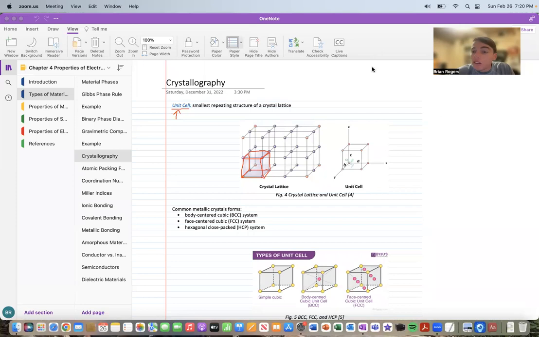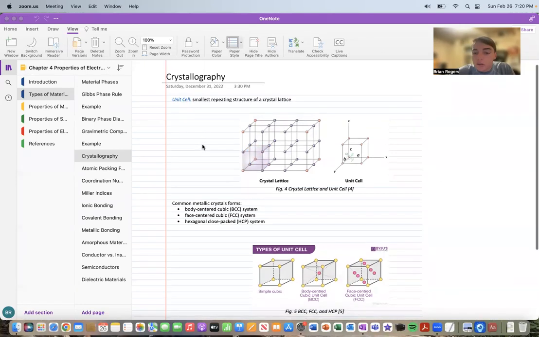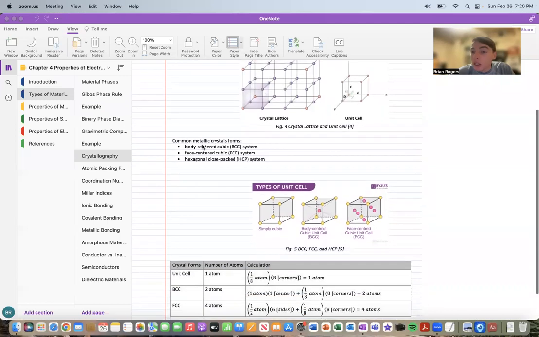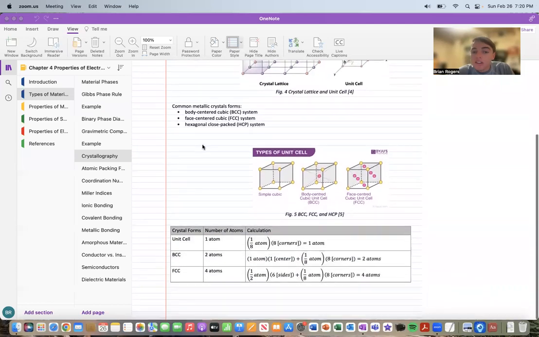And so there's three common types of forms for these crystal lattices. And what you're going to notice is that there's just the body-centered cubic, which, what do I mean by body-centered cubic?